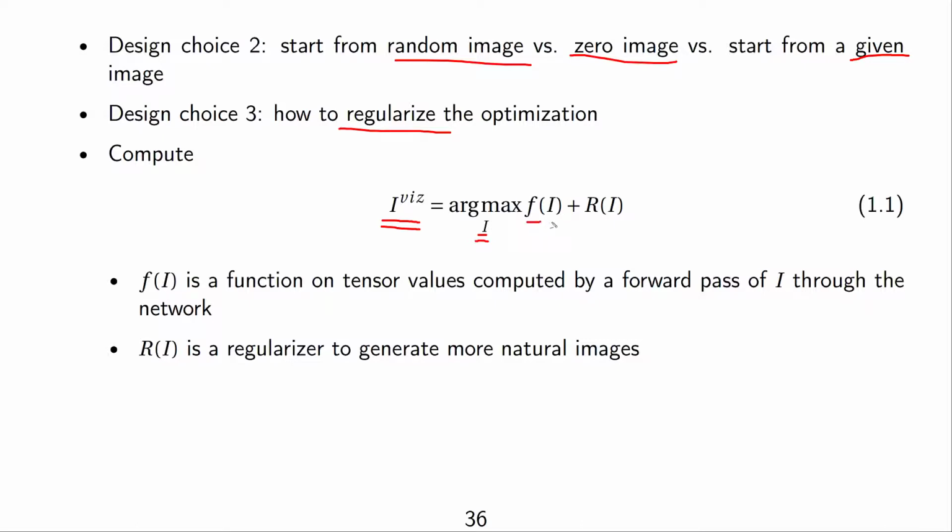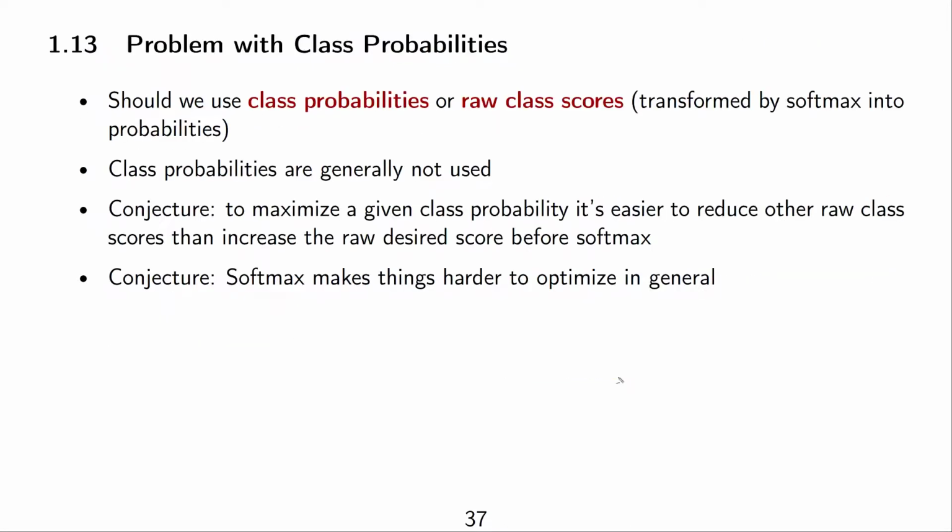There will be this f of I, which is a function on tensor values computed by a forward pass of I through the network, and then we have this R of I, which is the regularizer that ensures that the visualization looks like a natural image, whatever that means.